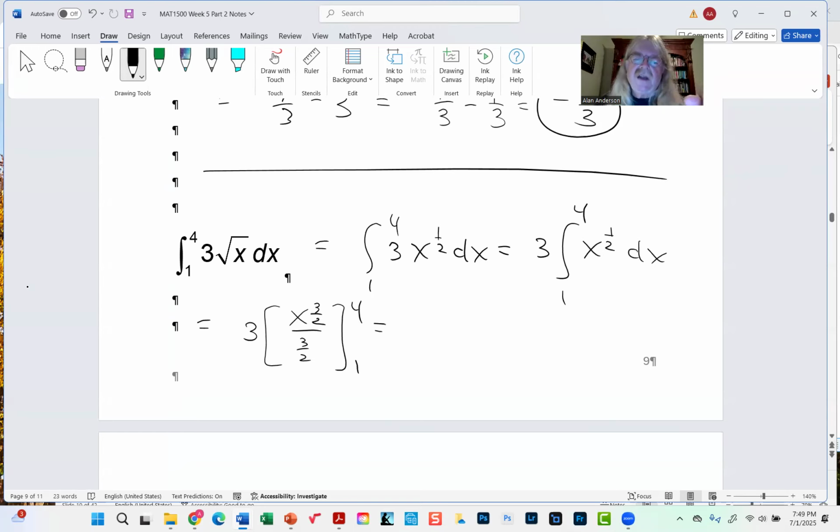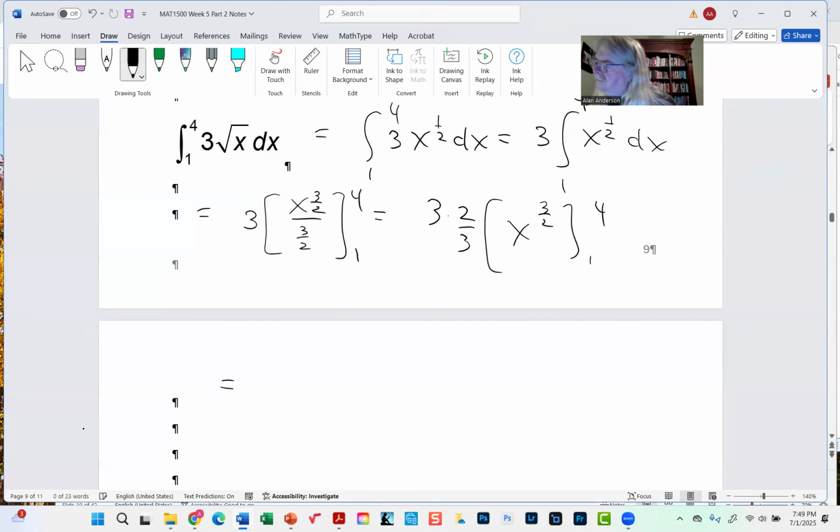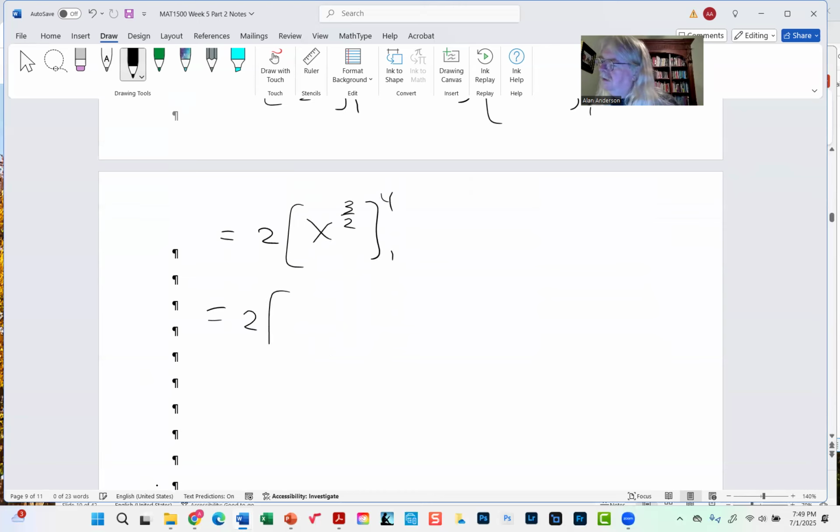That constant in the denominator can be factored out of that expression. And so what we're going to do now is solve for this as 4 to the 3/2 minus 1 to the 3/2 power.